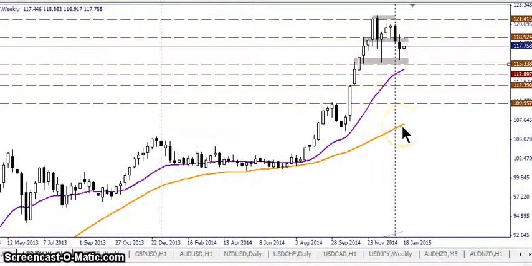This is the 50 SMA, is quite large. I believe price really will come back to at least here, perhaps even down to here, one of these support areas, right? Possibly even down to here. So now let's go back to the daily chart for a second.